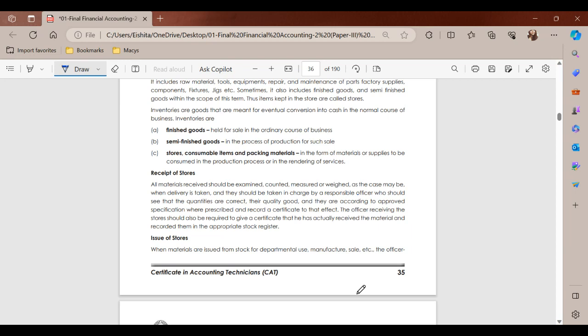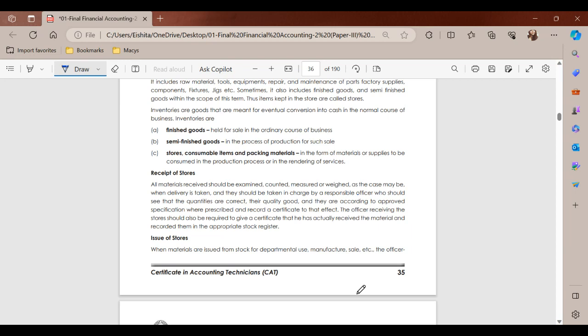The material will be sent with a bill. So from the company, there is an officer who will check the material and put a stamp on the invoice that the material is inspected and found okay.